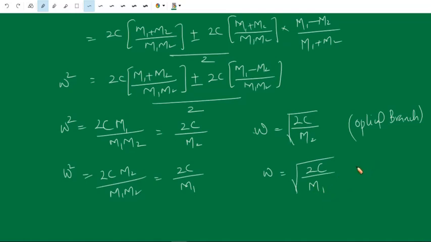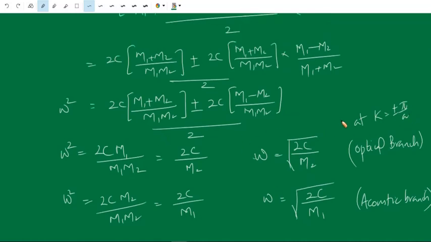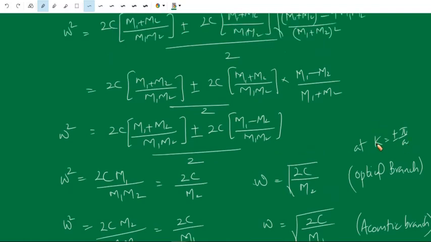Okay, so this is called the acoustic branch. So these two are at k equal to plus or minus pi by a. So we have seen the limiting cases of frequency when k is very small and when k is maximum.